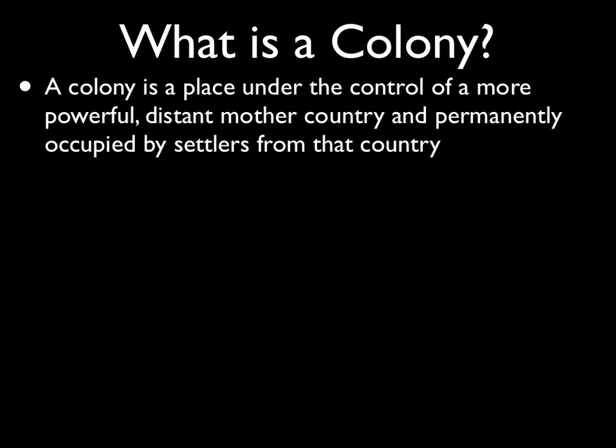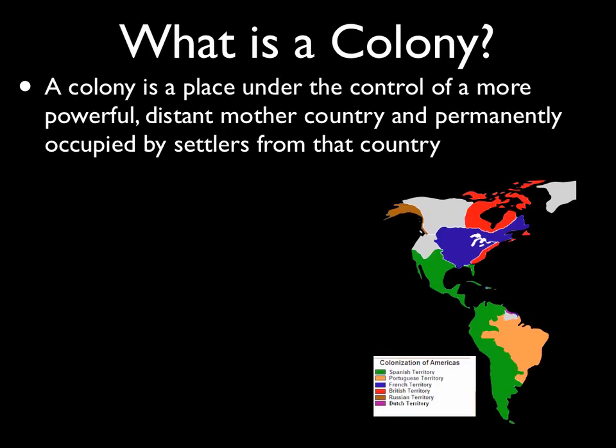In the next couple of videos, we are going to be studying colonies established in the Americas by European countries like Spain, Portugal, France, Britain, the Netherlands, and Sweden. And if we apply the test, the first question we have to ask is, are these places? And yes, these are all places in the Americas.